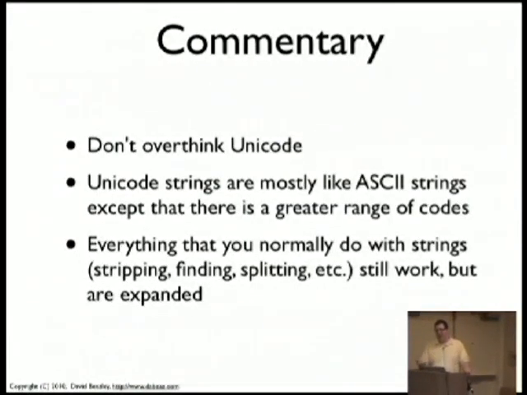And then as far as other things with Unicode, I sort of advise people don't overthink it. These Unicode strings are mostly like ASCII strings, except that you now have this huge range of codes for characters that you can put in there. In fact, everything that you do with these strings, like stripping and finding and searching and all that stuff, is all going to work just fine with Unicode, except you have this much greater range of codes to work with.